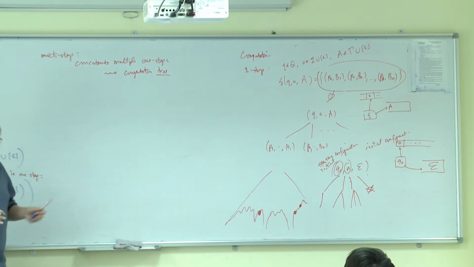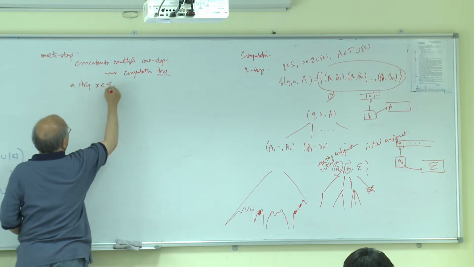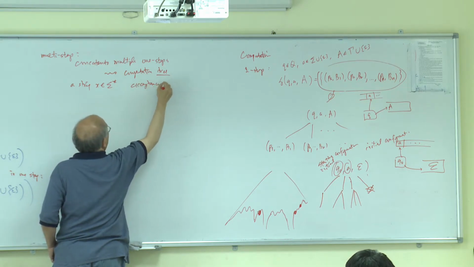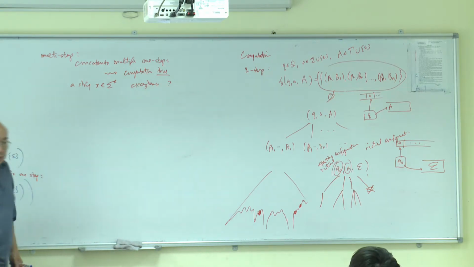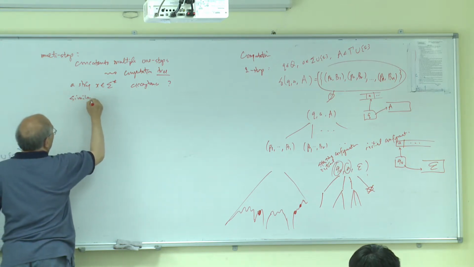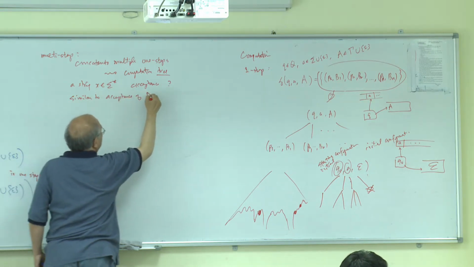Based on this, if we have a string x in sigma star, what will be the acceptance? When we say we're going to accept this, the definition is similar to acceptance of NFAs.